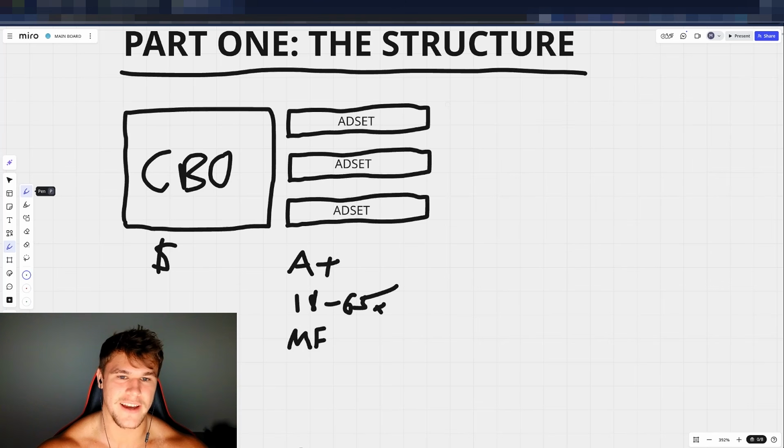You see, inside each of these ad sets, if this is ad set 1, this is ad set 2, and this is ad set 3, I'm actually going to have 3 different creatives in each of these 3 ad sets. Again, I'm just using 3. If you want to have more ads per ad set, you can. But here's the point that I'm trying to make. You want to segment these ad sets by ad concept. So let's say ad set 1 is ad concept 1. Ad set 2 is ad concept 2, and ad set 3 is ad concept 3.